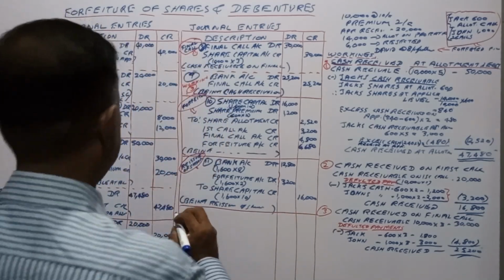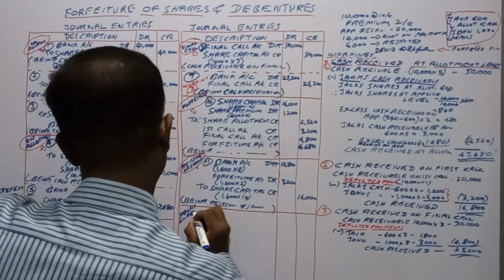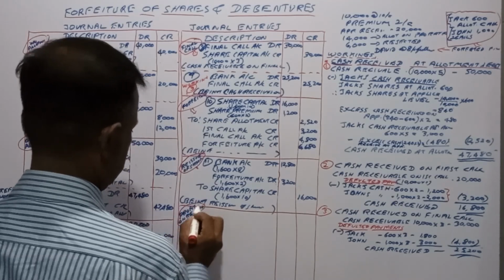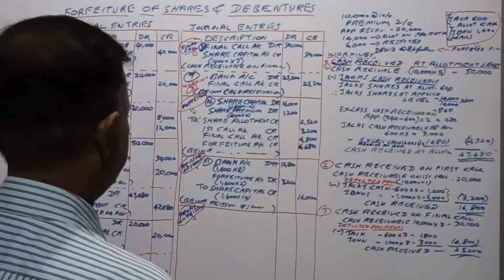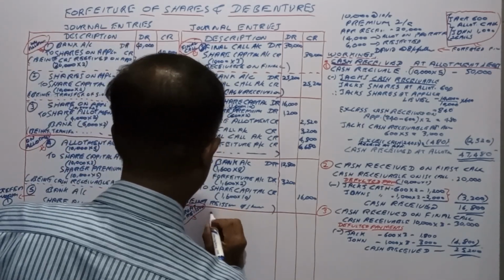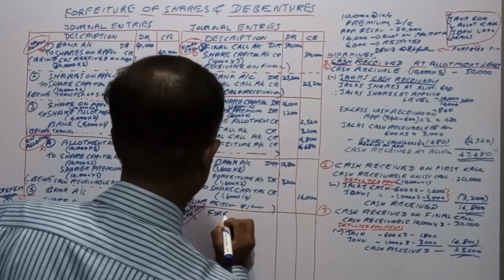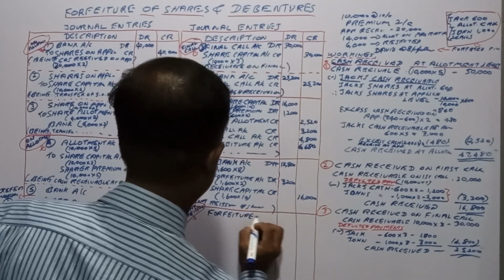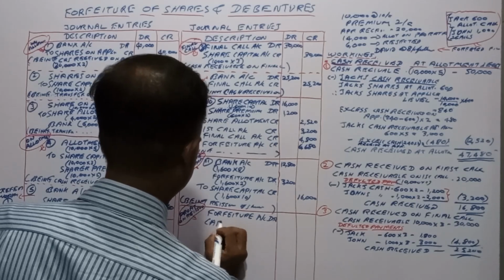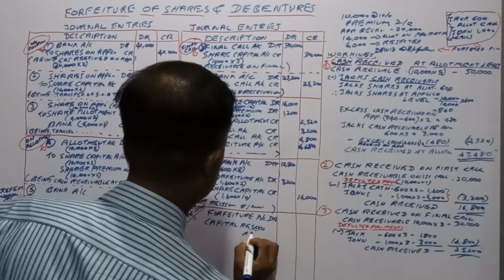And the next one is profit on reissue. Profit on reissue is forfeiture account debit and capital reserve account credit.